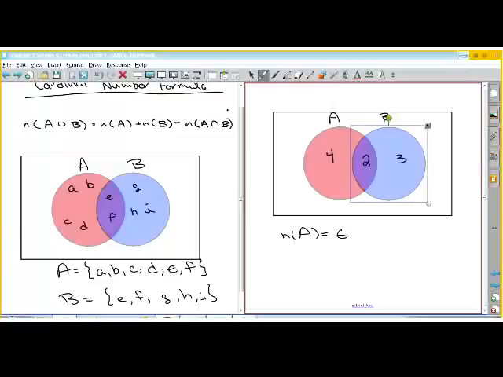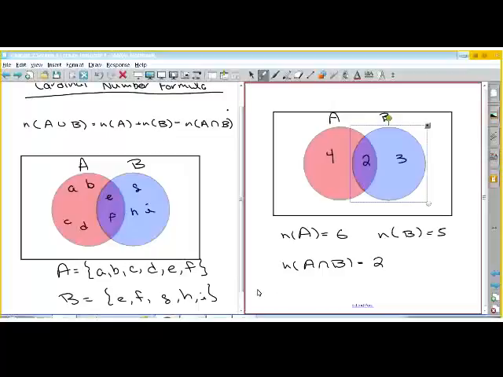You can either do it by counting the number of elements in the actual set notation, or you can add these 2 numbers together. So it's 1, 2, 3, 4, 5, 6, or 4 plus 2, which is 6. The number of elements in set B is 5. 2 plus 3 is 5, or I can count 1, 2, 3, 4, 5. In all the stuff we're going to do, we're not going to do this. We're just going to worry about the numbers. The number of elements in the intersection of A and B, which is this football, is 2.